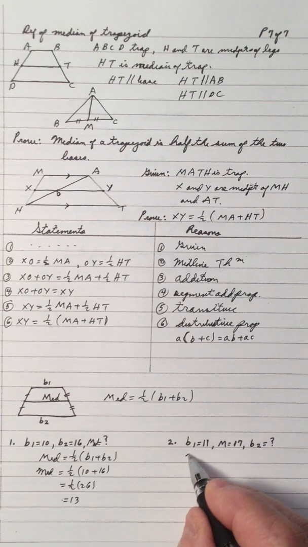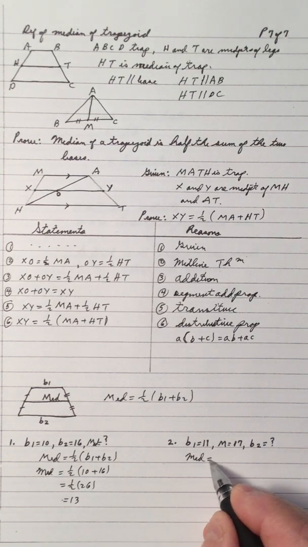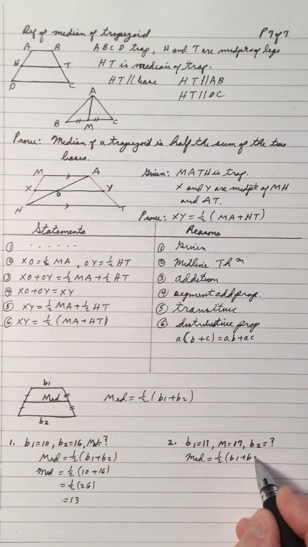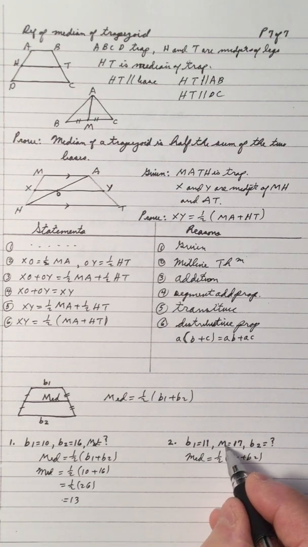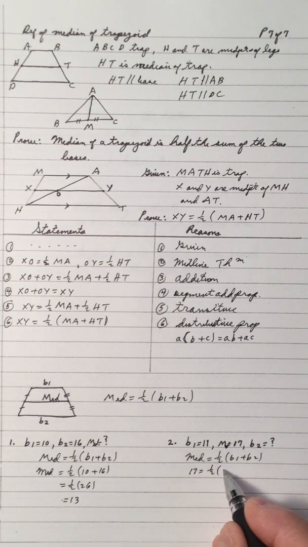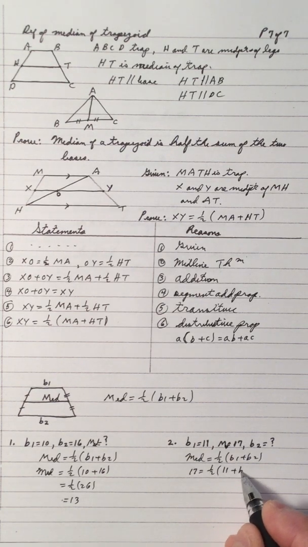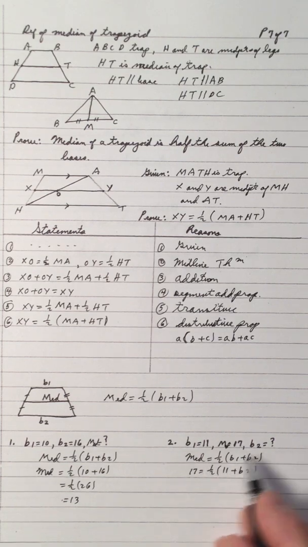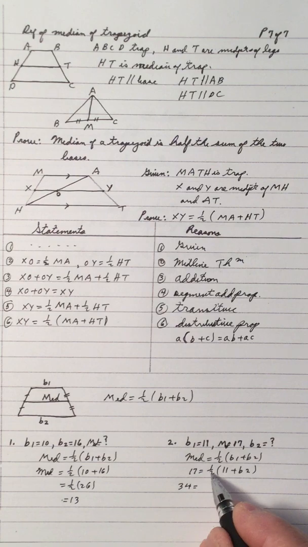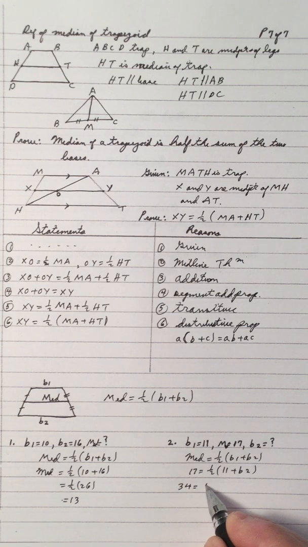And here we have the median is a half of, again, B1 plus B2. So the median, MED, is 17, half of 11 plus B2. If you multiply by 2, you get 34. 2 times a half is 1, so you get 11 plus B2.